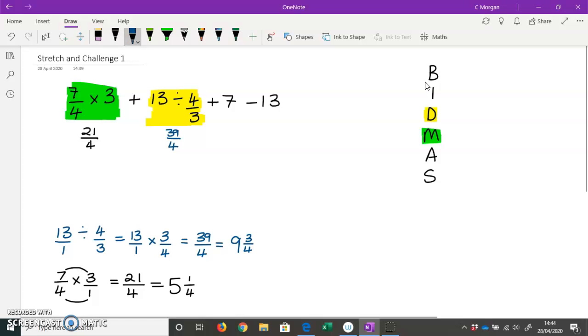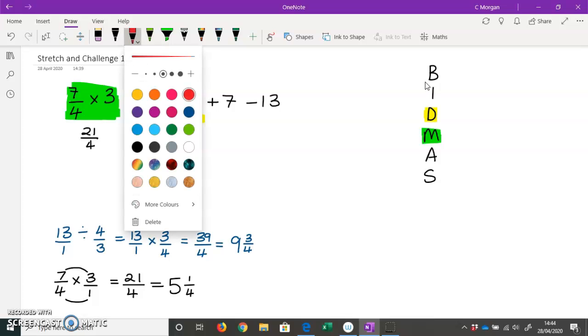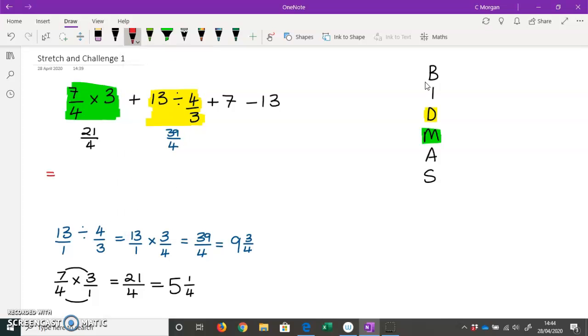So I think I know what all of the values in my calculation are going to be now. So I'm going to write them in terms of mixed numbers because it might be easier to deal with. So I've got 5 1/4, add 9 3/4. I've got to add 7 and subtract 13.